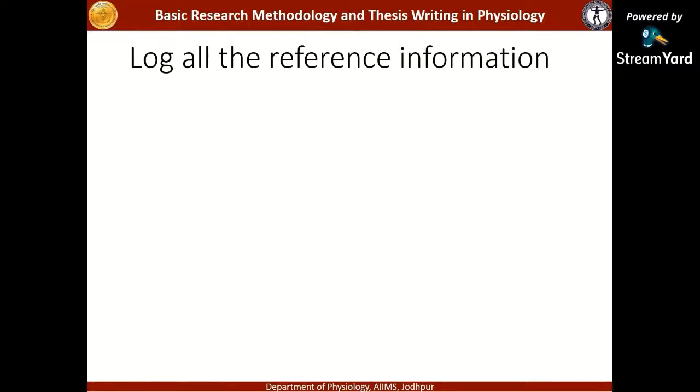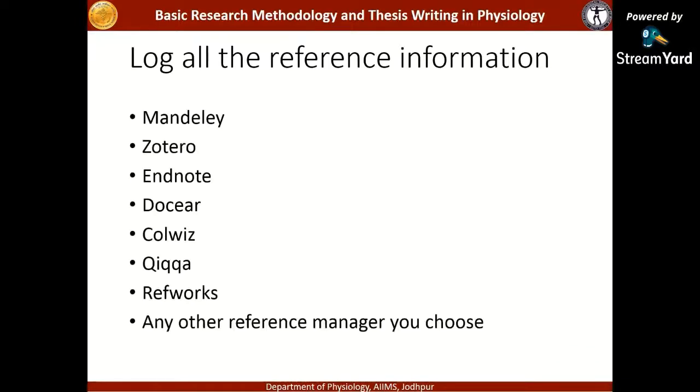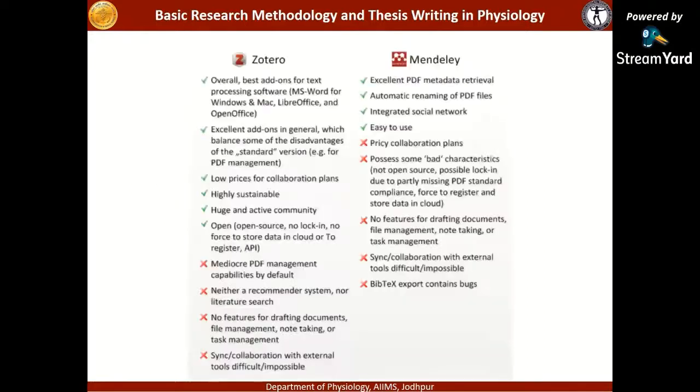But where? How? There are n number of reference managers, which are software. Most importantly, Zotero and Mendeley are being used. They are free of cost and you can use any of them. But remember, use one which is popular amongst your collaborators and team workers.